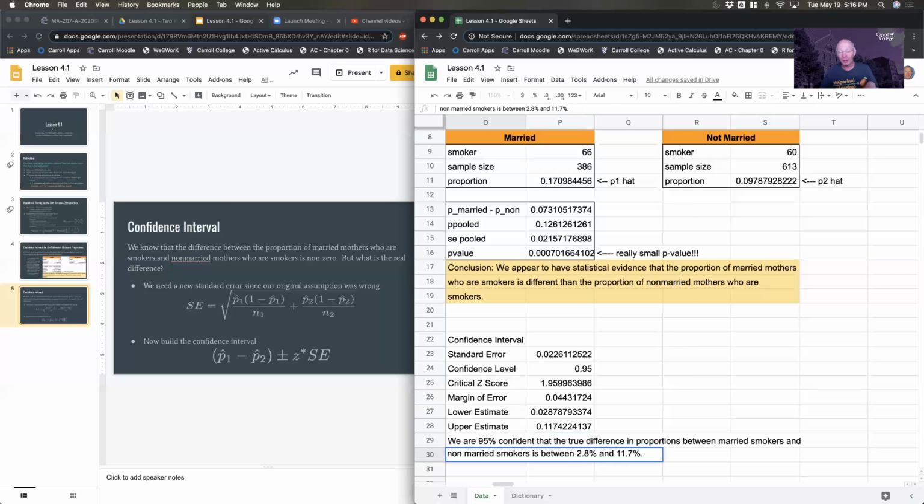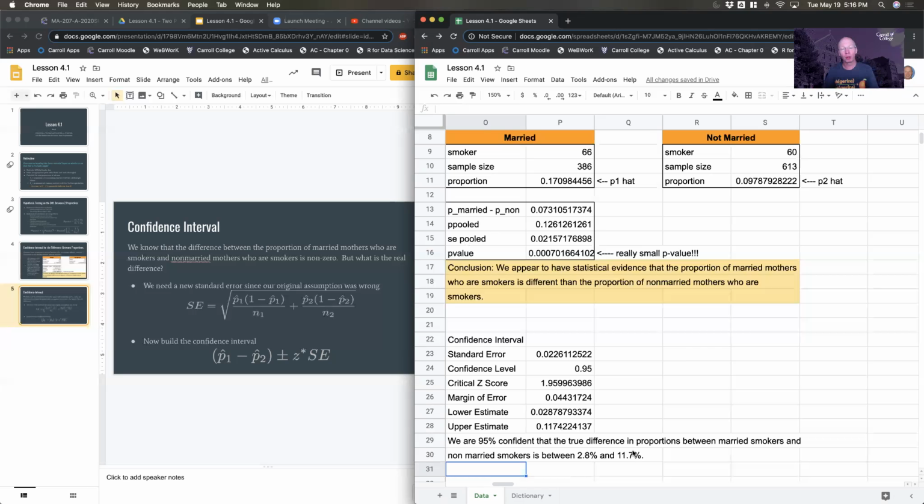Now, the other way to read this is that there's between 2.8% more and 11.7% more smokers who are married versus non-married. Right? And our proportions are saying the difference was actually 7%, and we're saying it's between about 3 and 11.